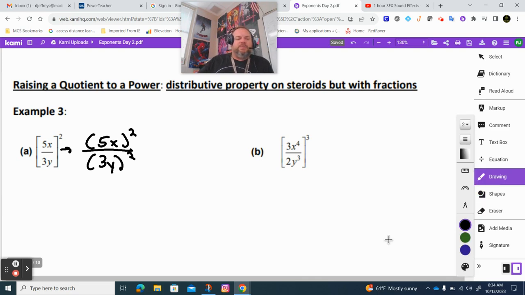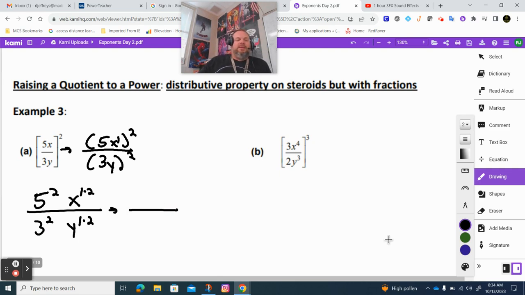We basically now have 5 squared, and then x to, remember, this is understood to be 1 times 2, because we multiply the exponents, over 3 squared, and y to the 1 times 2.